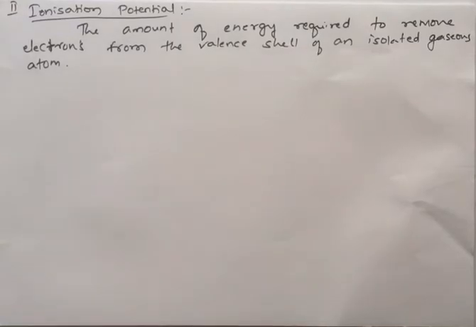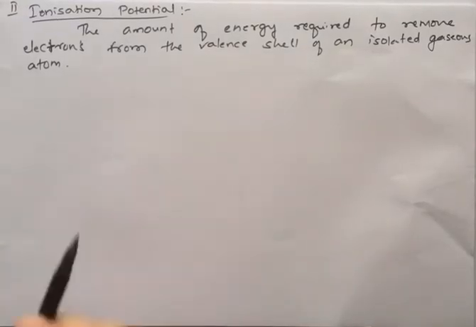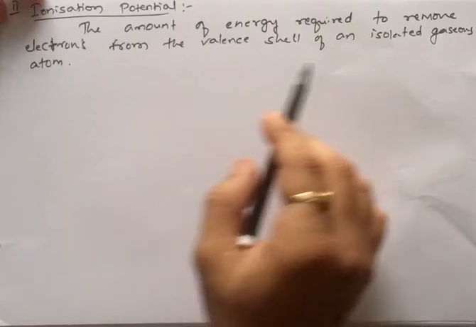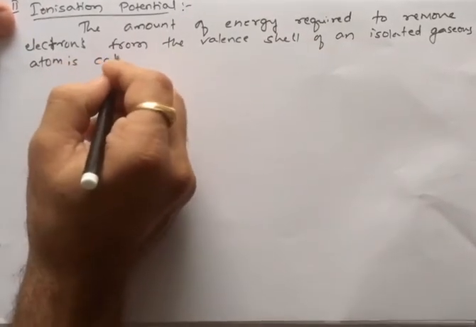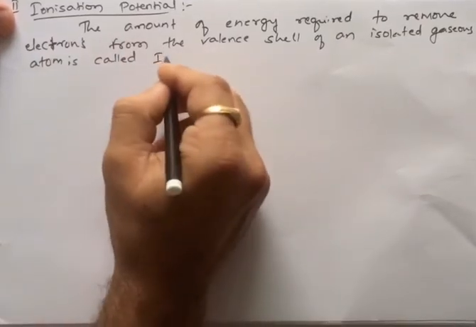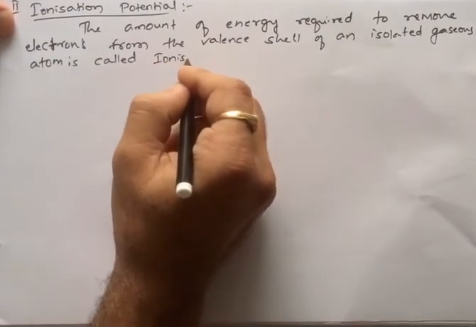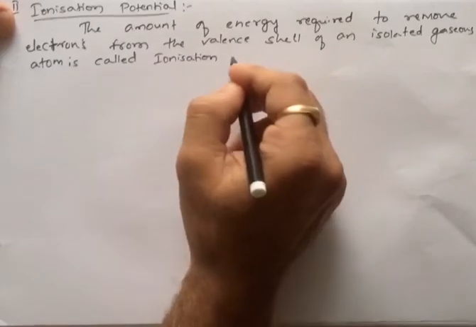Okay, the amount of energy required to remove electrons from the valence shell of an isolated gaseous atom is called ionization potential.